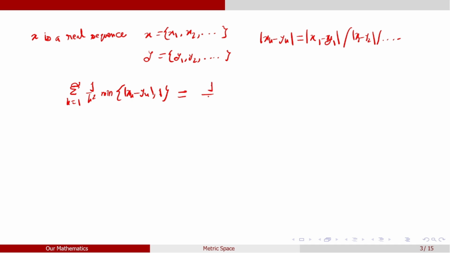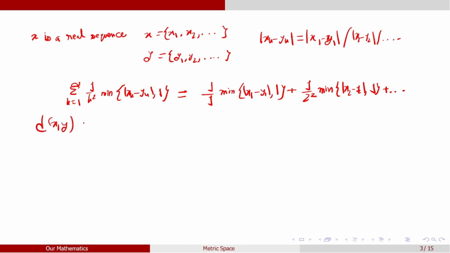This is basically the sum of 1 by 1 square minimum of modulus of x1 minus y1 comma 1, plus 1 by 2 square minimum of modulus of x2 minus y2 comma 1, plus so on and so on. So this is what the function d looks like.